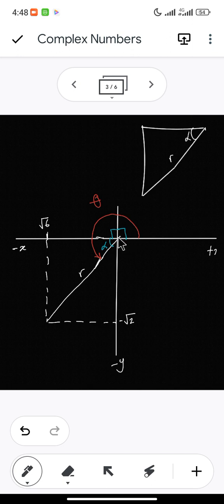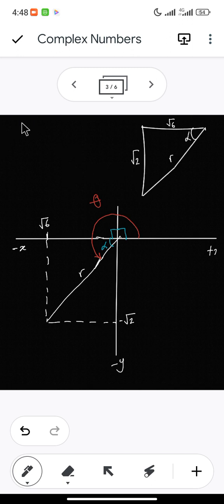So from this point to this point, this is root 6, which means the distance between here and here is going to be root 6. Now for this y, the distance between this 0 and root 2 is going to be root 2. Same thing applies to this point. So we're going to have root 2 here.